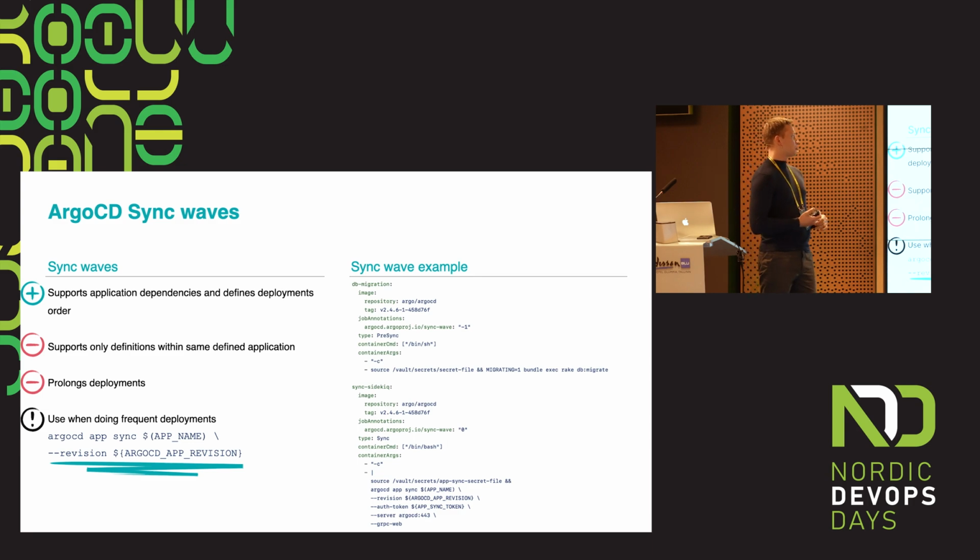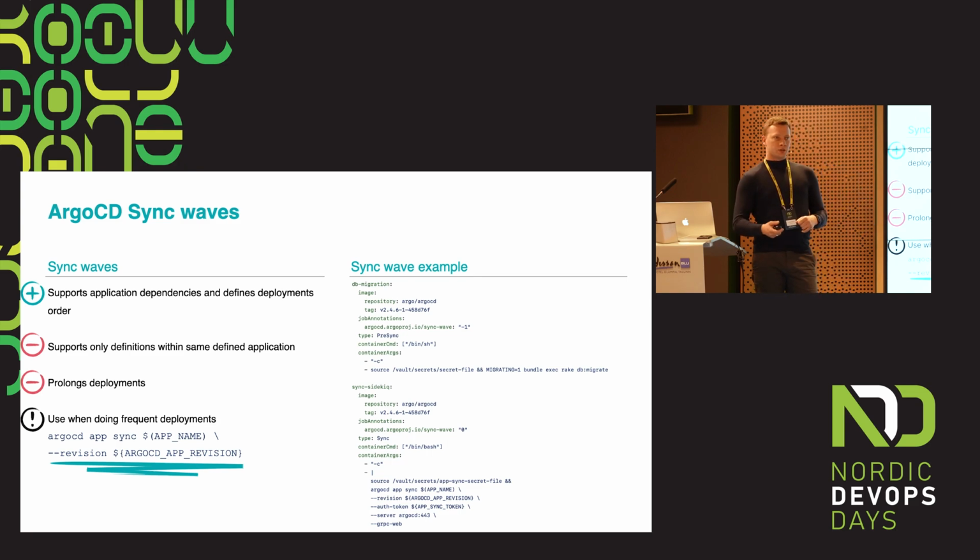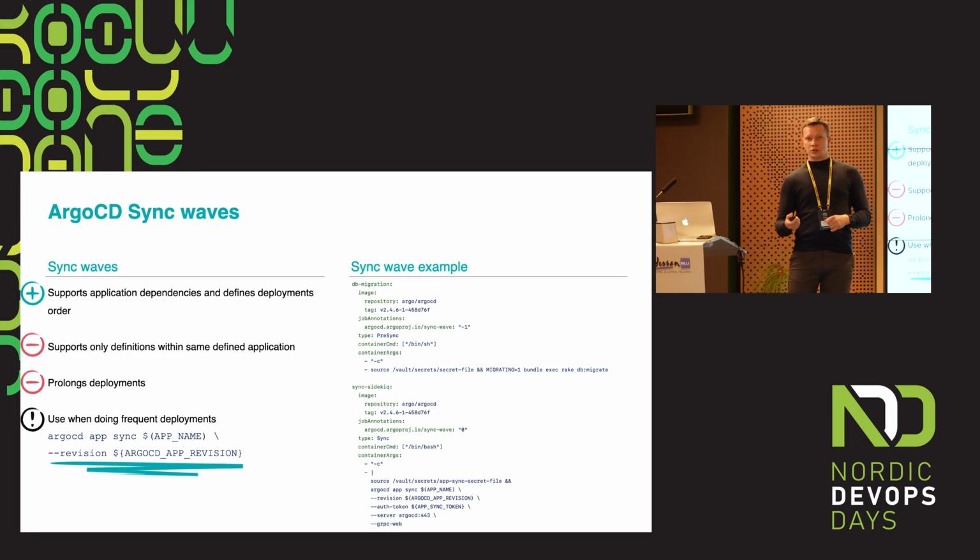Luckily, Argo CD supports sync waves, where you can define, let's say, if your image tag has been updated. So before deploying the new application, it looks if it has sync waves and does the order of deployment accordingly.